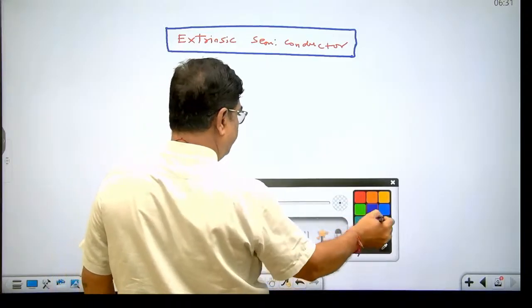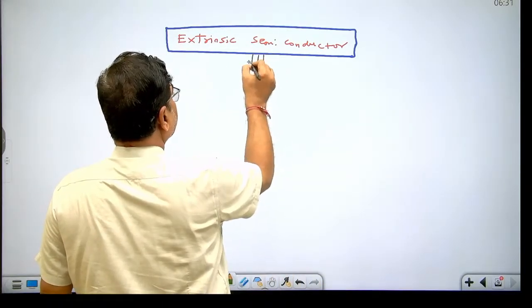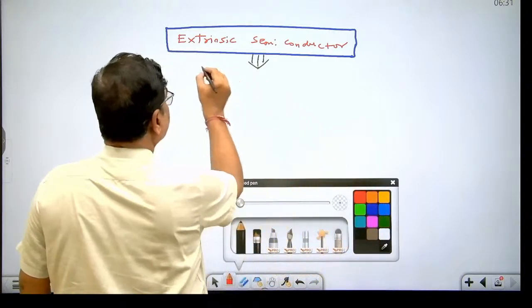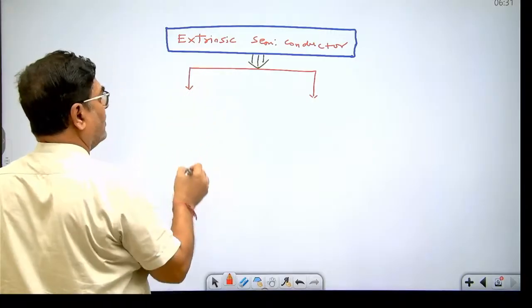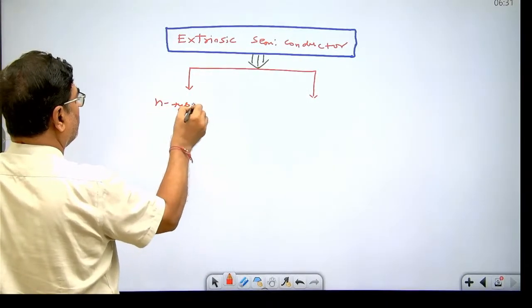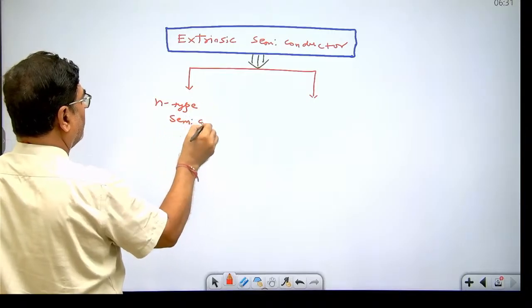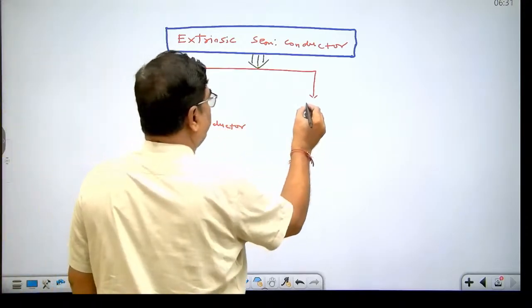Extrinsic semiconductor is of two types. One is N-type semiconductor and another is P-type semiconductor.